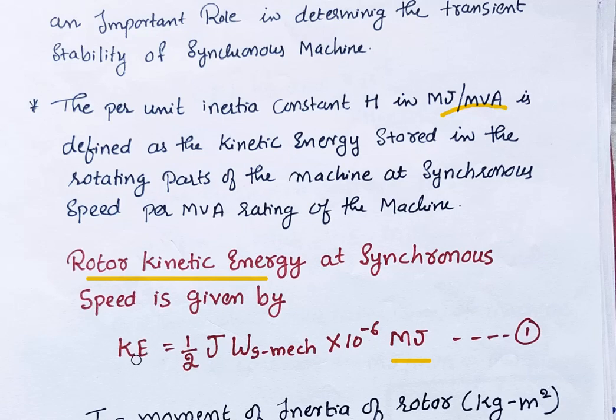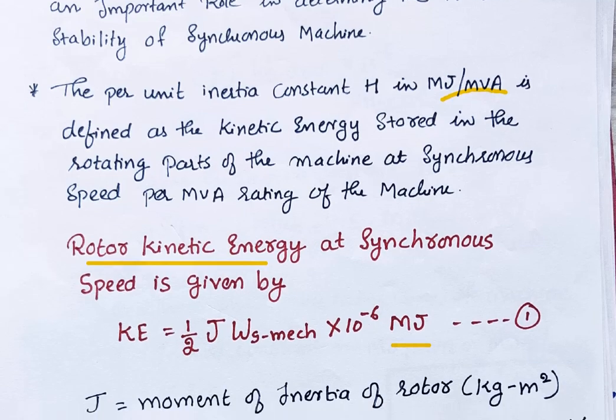How this equation was derived, you can find in the Kimbark book. For your purpose it is not required. Just take the kinetic energy stored as half J omega S squared, where omega S is the mechanical synchronous speed, into 10 raised to minus 6 megajoules. Now what is J?